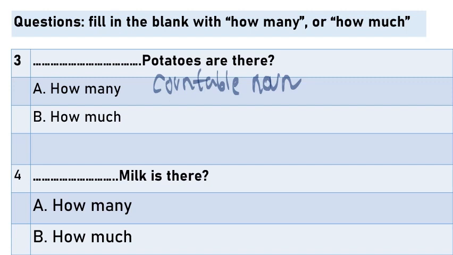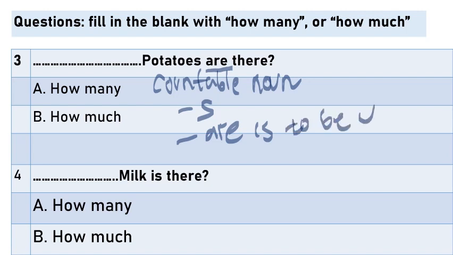And at the end of the noun, you have to add the s. And remember, there is to be, are. So the correct answer is how many.